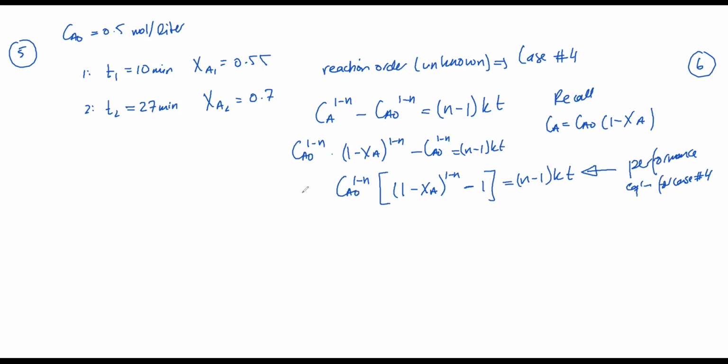So what do we want to find? We want to find n, basically. So the way to approach this is as follows. You can plug in the numbers for XA1 and t1 and try to solve for n. However, it's going to be a bit complex.